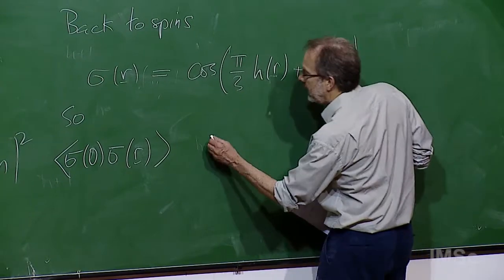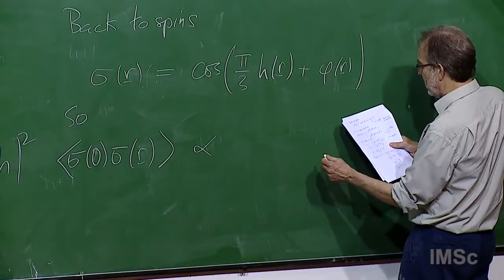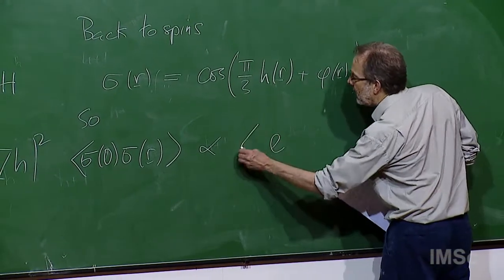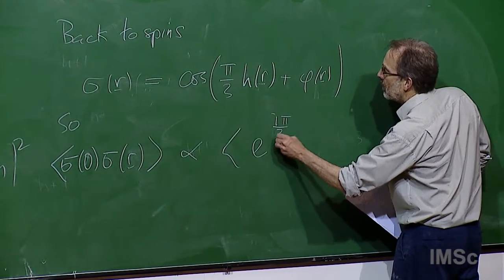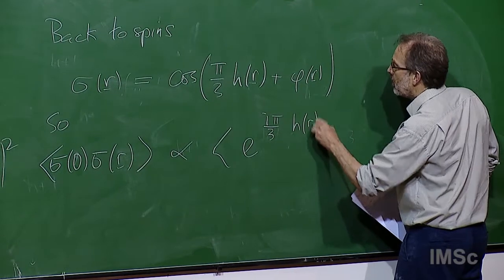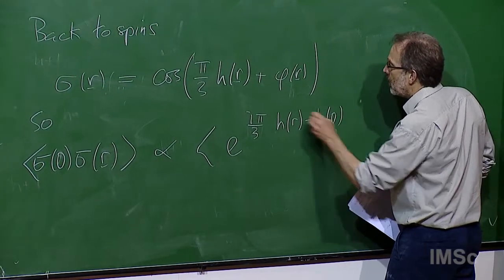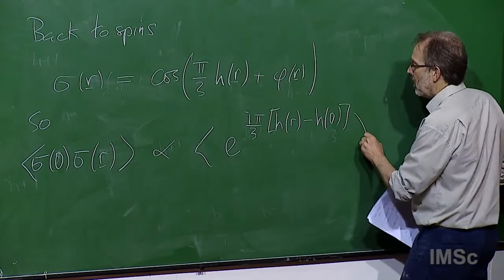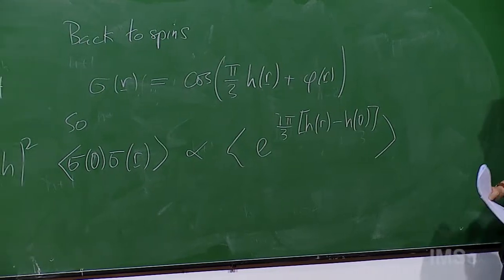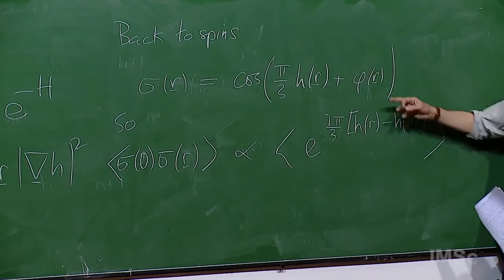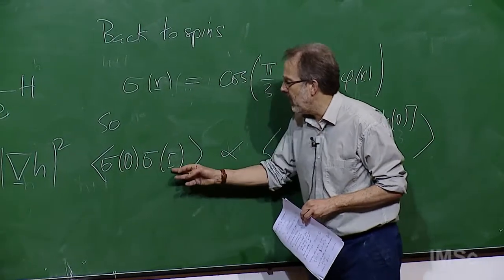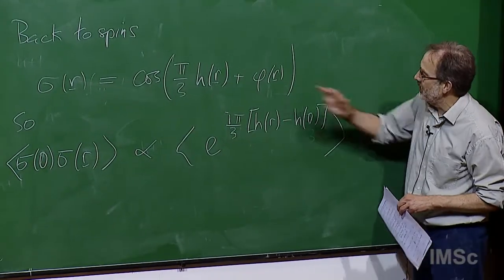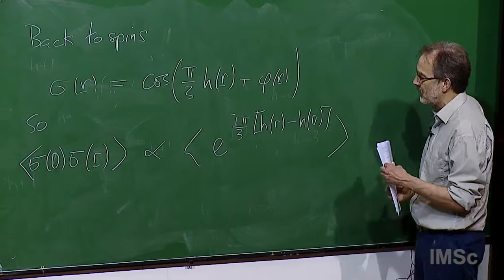So what we end up with is something that's the average of, and here I'm taking a case where the sites at the origin and at R are on the same sublattice so that these phases cancel.